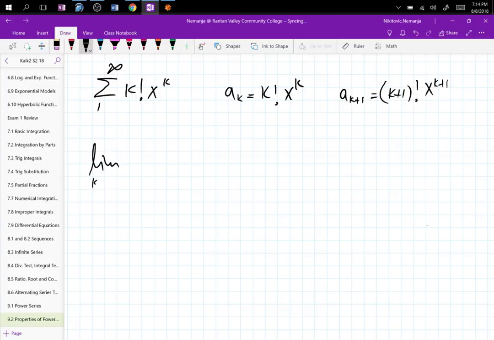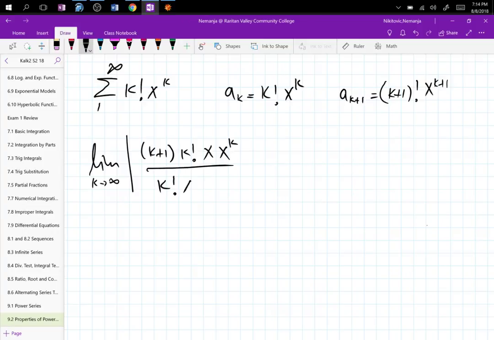Limit as k goes to infinity of, we peel off k plus 1, and then we just have k factorial, and then we peel off x, and then we have x to the k divided by k factorial x to the k. Kill those.